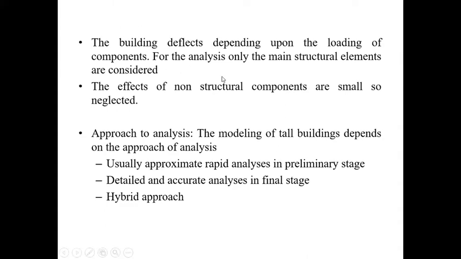For the analysis, we consider only the main structural elements: the slabs, beams, girders, columns, walls and cores. We do not consider the effects of the non-structural components, for example staircases, partitions or claddings.